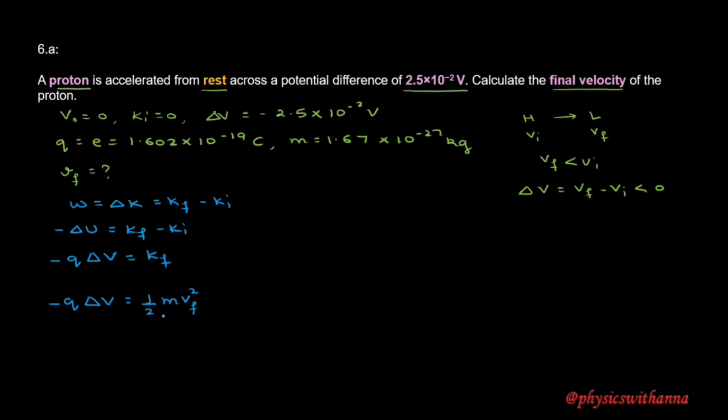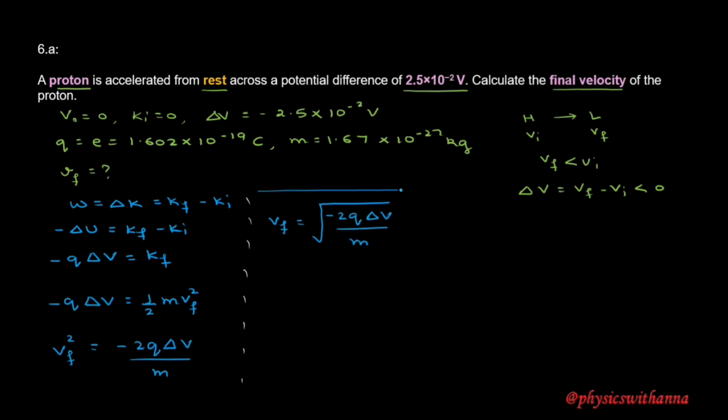You can either rearrange or use shift solve. So when you rearrange, I will multiply with 2 and divide with m to find v final squared. V final squared will be negative 2q delta v over m, and that will give me v final equal to square root of negative 2q delta v over m.